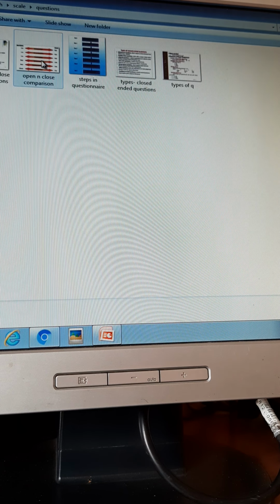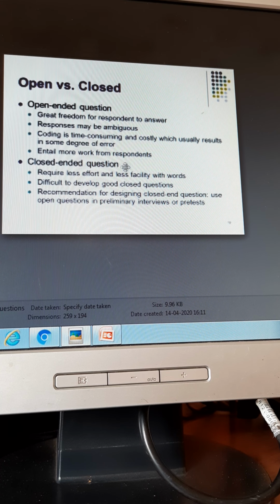It's the same thing, but you should know this very clearly. Another way of looking at things. What are the various types of questions that you use in a questionnaire? Open-ended question, closed-ended question. What is an open-ended question? All the questions you use for interview, for focus group, they are all open-ended questions.